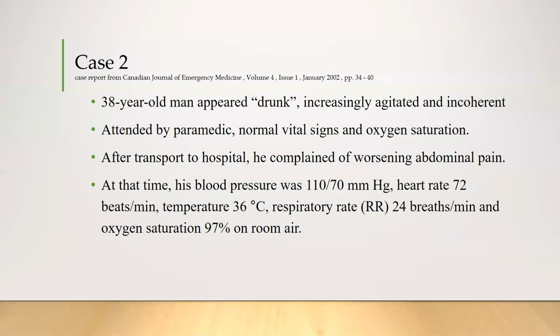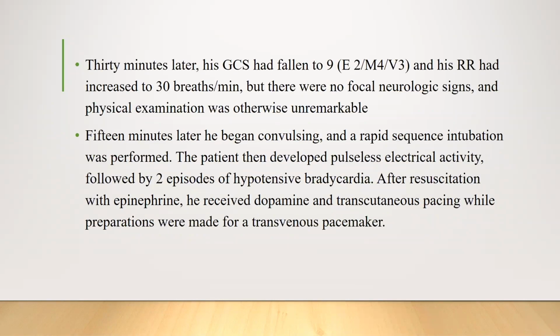At that time, the blood pressure was 110/70, heart rate 72, with a normal temperature of 36, respiratory rate of 22, and oxygen saturation was still well under room air. Subsequently, after 30 minutes, the GCS had fallen to 9 and respiratory rate had increased to 30, but there was no focal neurological sign and the physical examination was still unremarkable.